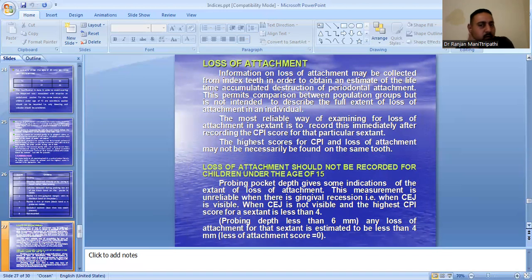So the highest scores for CPI and loss of attachment may not necessarily be found on the same tooth. Loss of attachment should not be recorded for children under the age of 15 because of the presence of pseudopockets. If the probing depth is less than 6 mm, any loss of attachment is estimated to be less than 4 mm, and the loss of attachment score is 0.